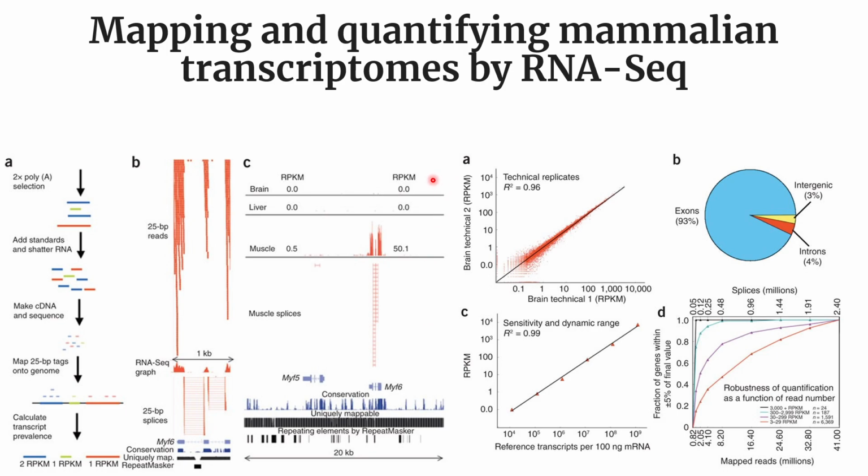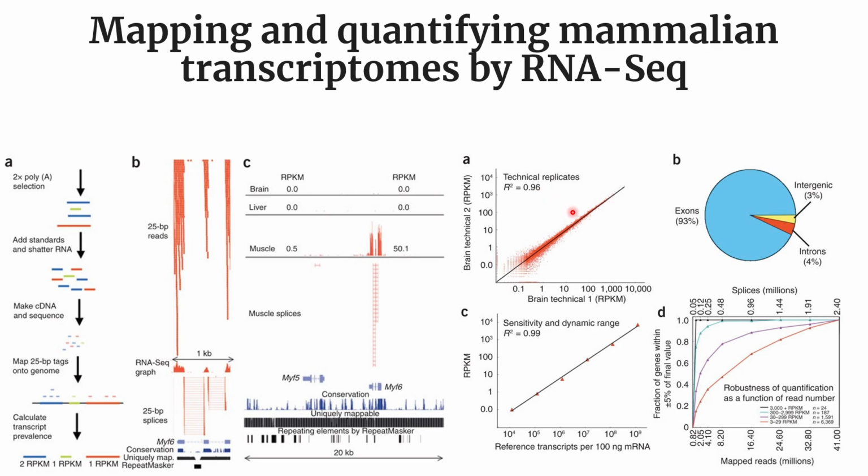Thereafter, in order to validate their reproducibility, they also present some of the data in the figures on the right hand side. In panel A of this figure, they show the technical replicates of the brain RNA-seq data, and we can see that the R-square value is very well aligned and close to 1.